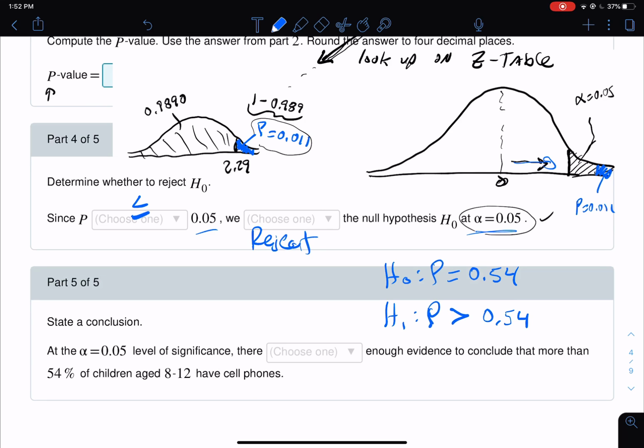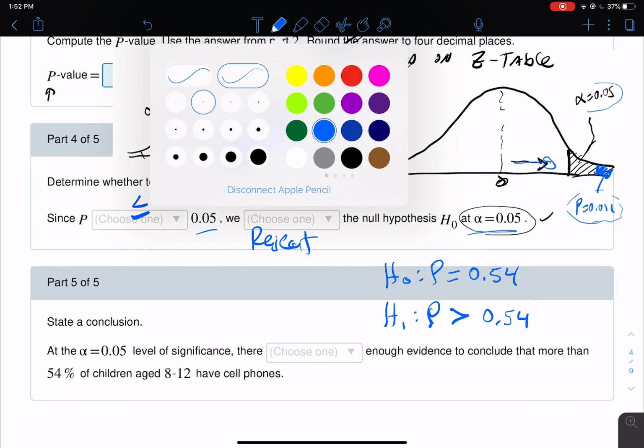We ran our sampling data, sample proportion, we ran our analysis, and it turns out the p-value is much smaller than our level of significance. So what are we going to do?